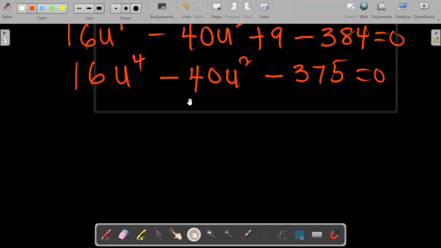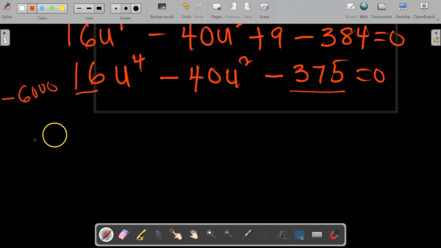Now, what is the next thing we are going to do? We want to factorize this equation. 16u to the power of 4 minus 40u to the power of 2 minus 375 is equal to 0. If we multiply 16 by minus 375, we have minus 6,000.